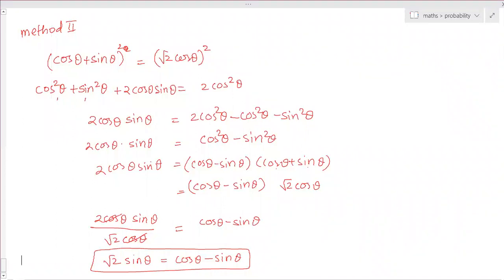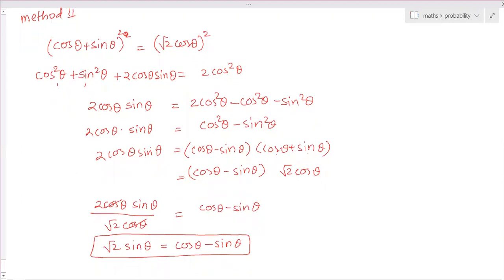I don't understand the second last step, 2 cos theta sin theta by root 2 cos theta. There you cancelled out the cos theta. So how will root 2 come on top? 2 is root 2 into root 2, no? Oh, okay, one root 2 cancels. Okay. Done? Everyone finished? Yes, ma'am.